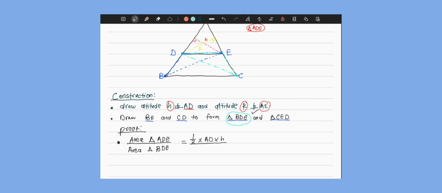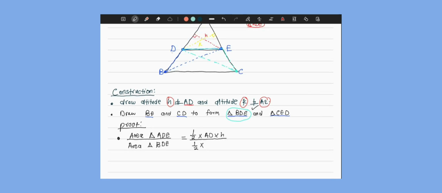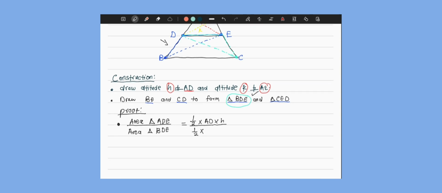This is the BDE in blue. So I'm still going to write half multiplied by the base, and I'm going to use DB so that they can be in phase. The base for this one is going to be DB.